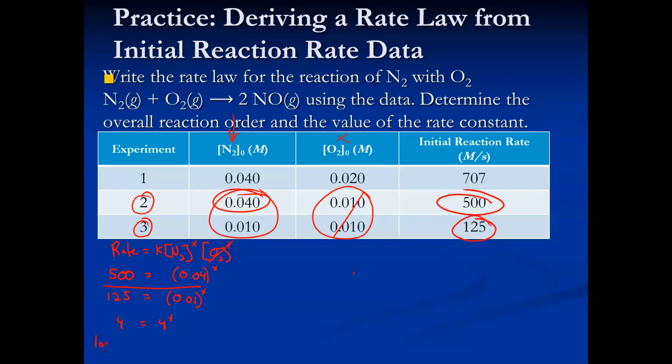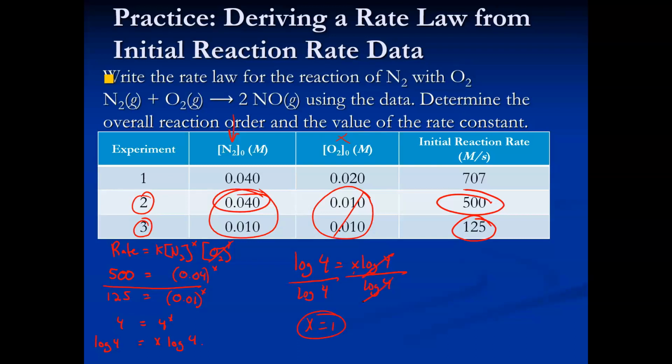So the log of 4 equals X log of 4. Divide by log 4, divide by log 4, and we get 1. X equals 1. This crosses off.